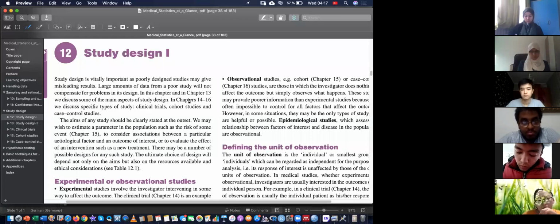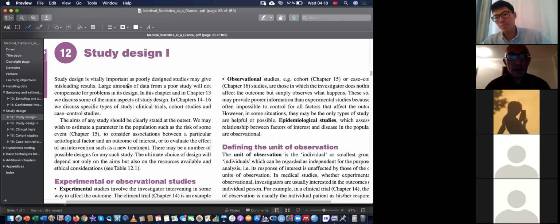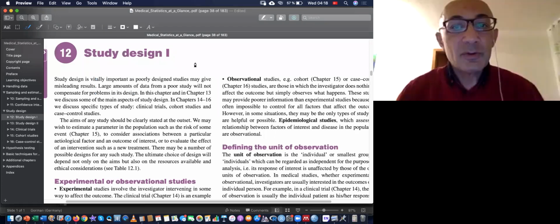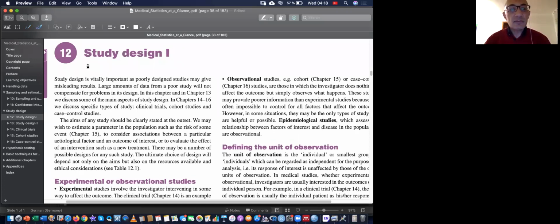Yes, now it's time to discuss study design. The study design is vitally important. I will read some quotes from the book for you, because if you have a very large amount of data but you have made a poor study design, if you don't have a good sample size selection, it will be a waste of your resources.